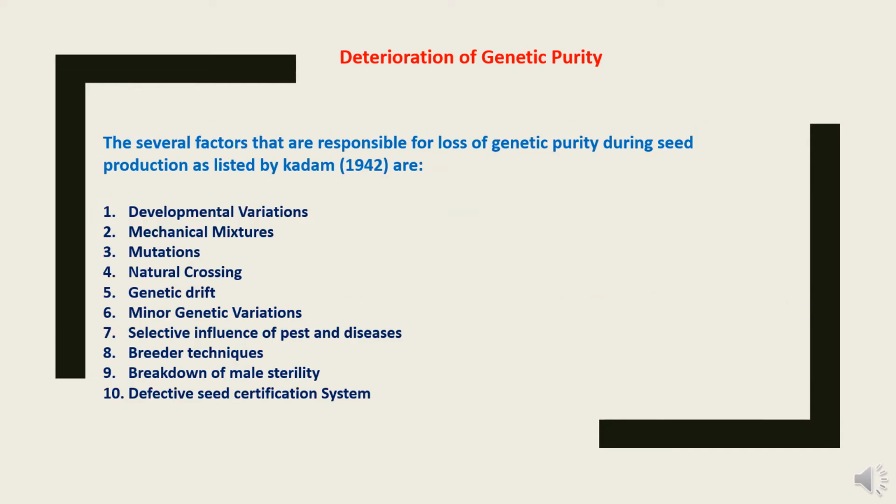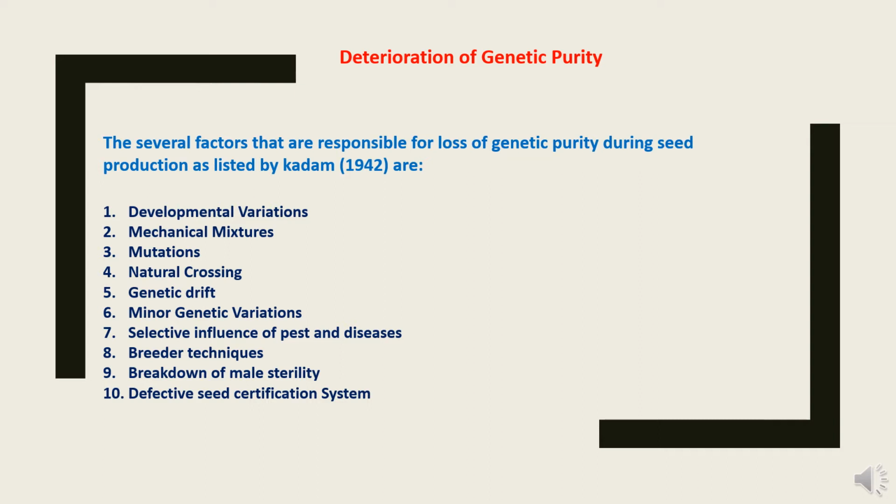Deterioration of genetic purity. Why and how is the genetic purity of a variety lost or deteriorated during seed multiplication? The genetic purity of a variety or trueness to its type deteriorates due to several factors during the production cycles.